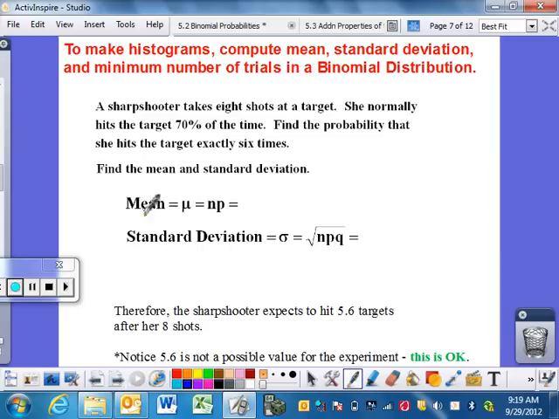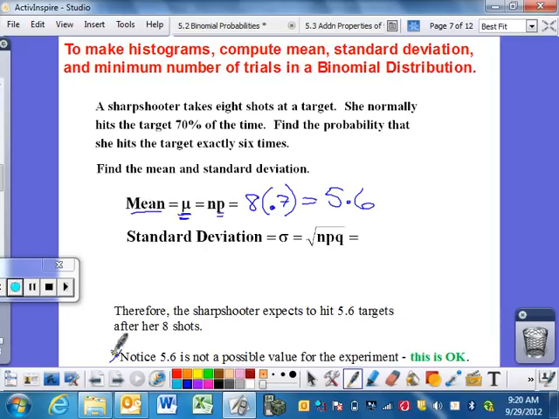If I'm finding the mean, what's her expected value? This is a success or failure because she hits it or she doesn't. All I need to take is the number of times she shoots at it, 8, times her probability of success, 0.7. That ends up being 5.6 if you multiply them together.